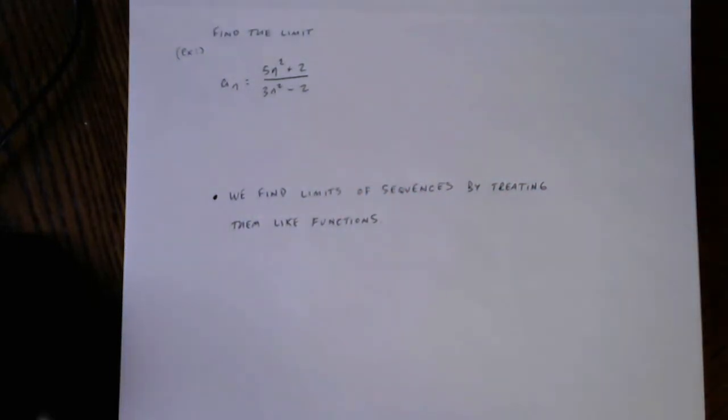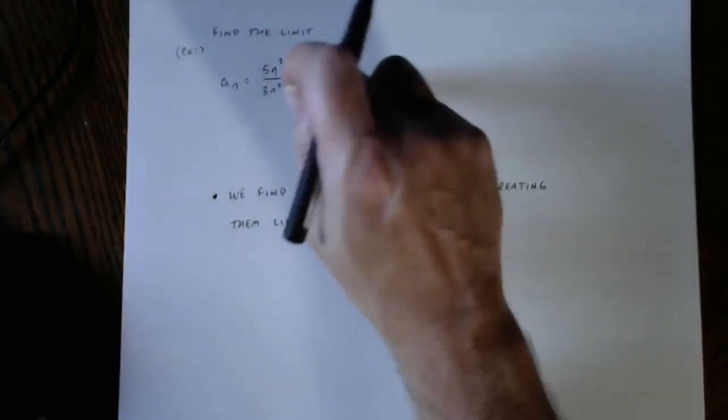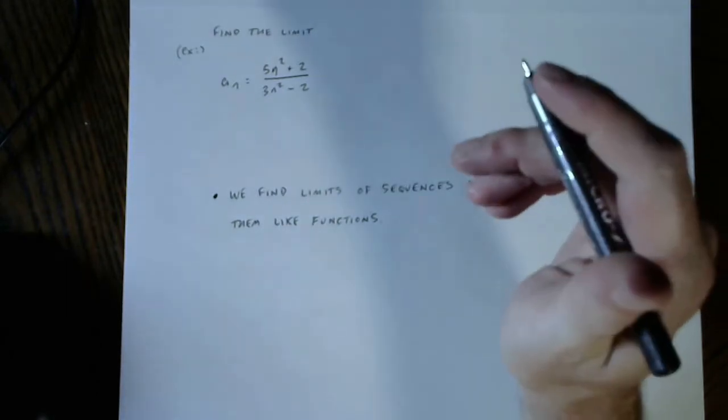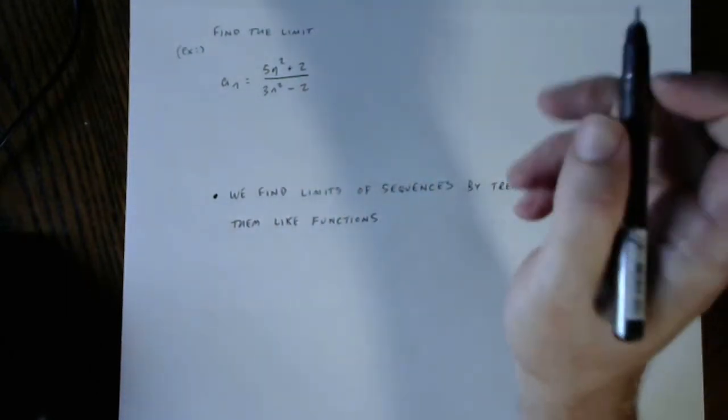And there are theorems you can look up in the textbook that justify this. To find the limit of this as n approaches infinity, which is always the case, we treat it just as if it were f of x.